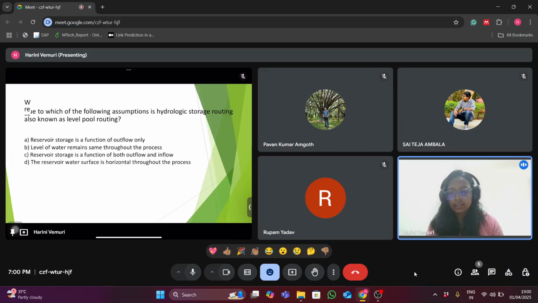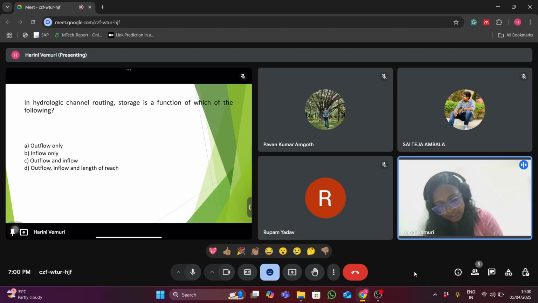So for the level pool, that means the reservoir water surface is horizontal, so the option is option D. Next question is, in hydrologic channel routing, storage is a function of which of the following? As I have told, it is a function of only outflow. So option B. In case of hydraulic routing, it's a function of both outflow and inflow.